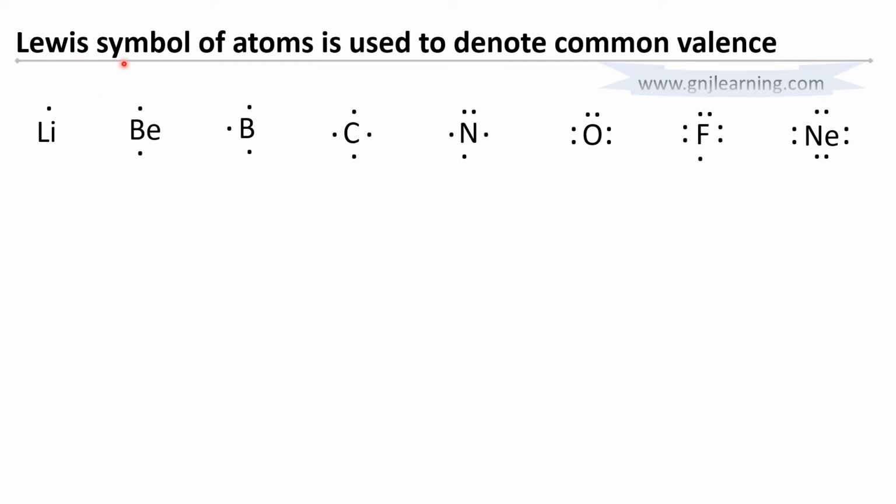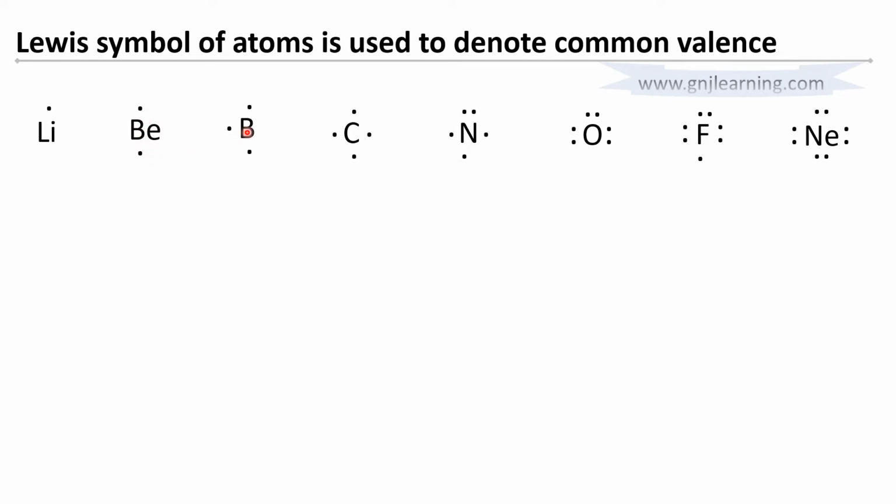In a Lewis symbol, along with the symbol of the atom, we have the number of electrons, or its common valence. So lithium, being from the first group, has a common valence of 1, so we have 1 dot. From the second group we have beryllium, whose common valence is 2, so we have 2 dots.